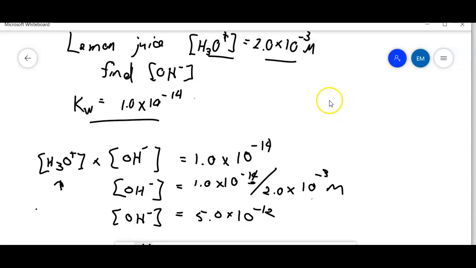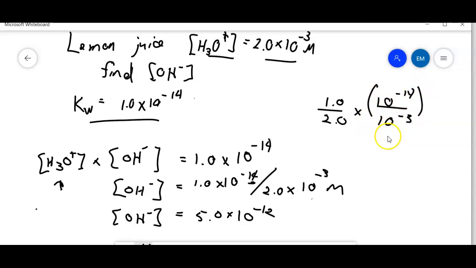We can look at it this way. I hope you can see what I'm doing here is legitimate. Times 10 to the minus 14th times 10 to the minus 3.